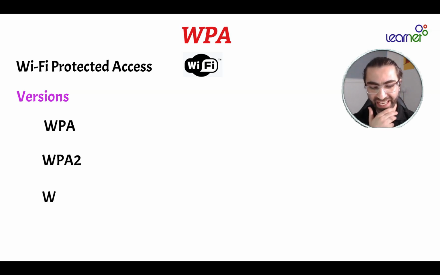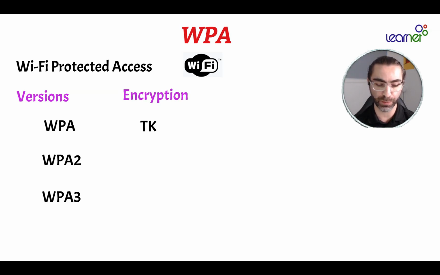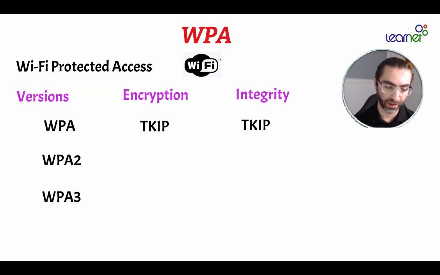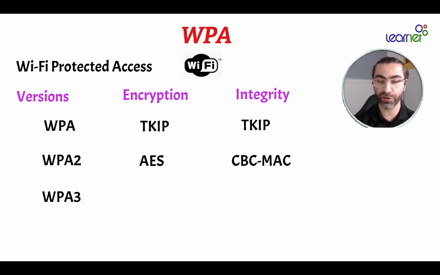WPA uses TKIP, which stands for Temporal Key Integrity Protocol, for both encryption and integrity check. WPA2 uses AES, which stands for Advanced Encryption Standard, which is the latest adopted standard from US NIST at the time of this recording, and uses CBC-MAC, which stands for Cipher Block Chaining Message Authentication Code, for integrity check.